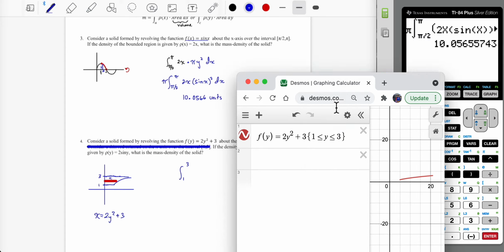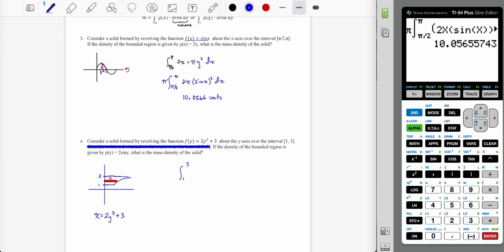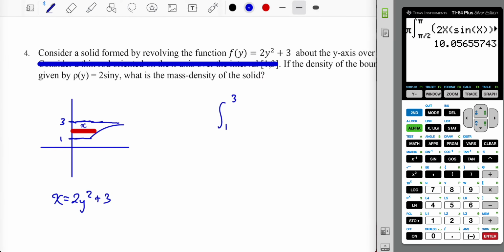Now I can get rid of my Desmos here, bring this in. So pi r squared, tack on my rho, r is the x, which is 2y squared plus 3. dx makes that area into a volume, and then it goes right into the calculator.